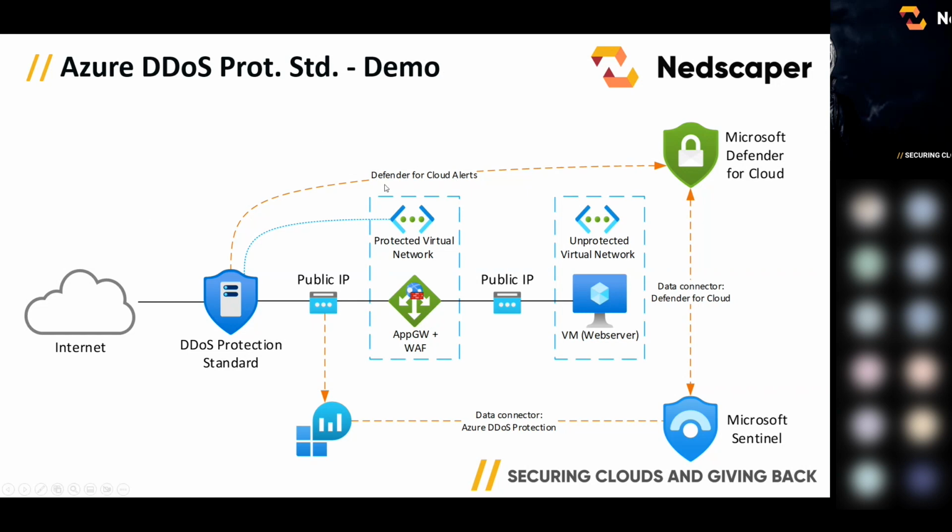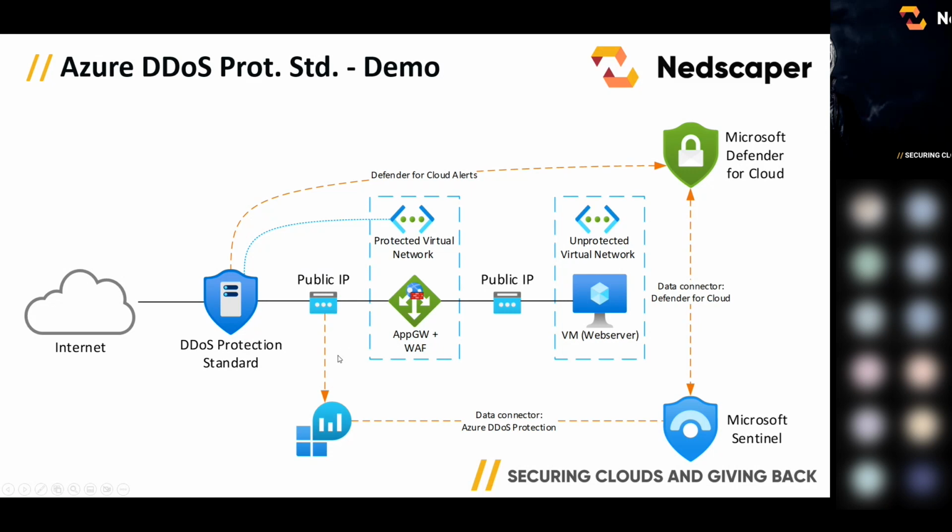So we had a virtual network that was protected with the DDoS protection plan, and we had an unprotected virtual network which hosted a virtual machine. It was the same damn vulnerable web machine that Dark mentioned earlier. They're both assigned a public IP address. I'm using that for demo purposes to actually show what the impact is when you are attacking a public IP.